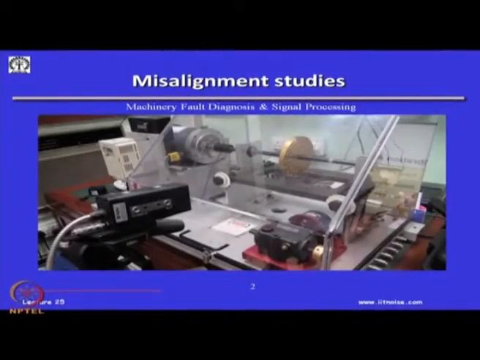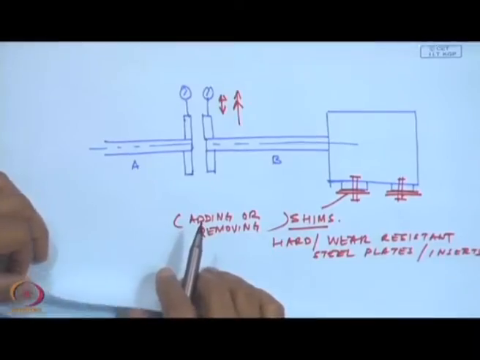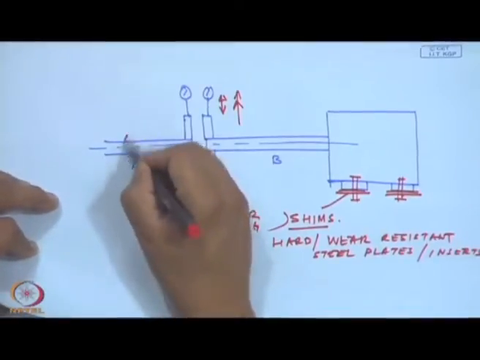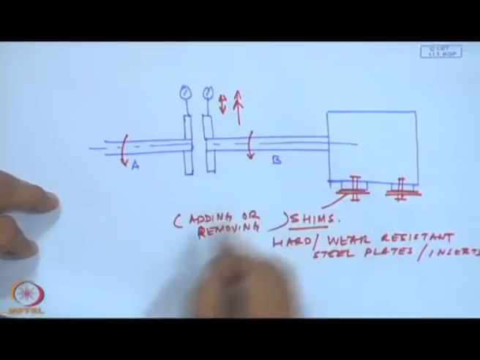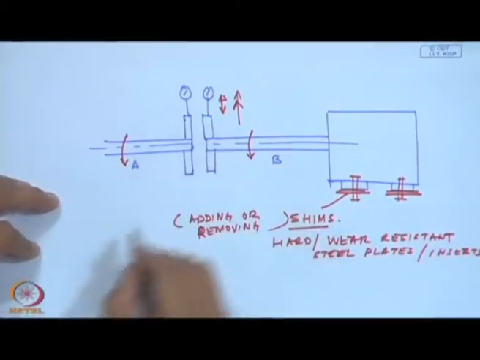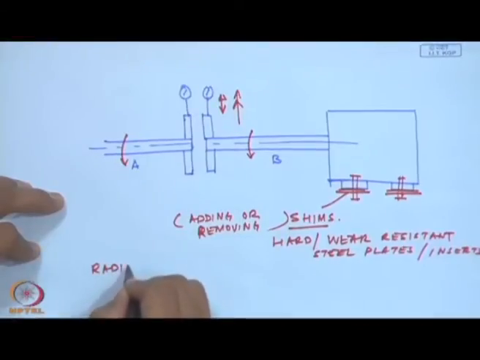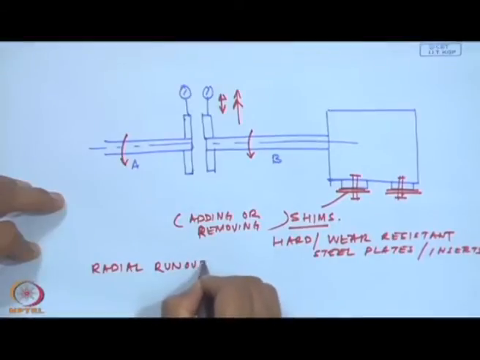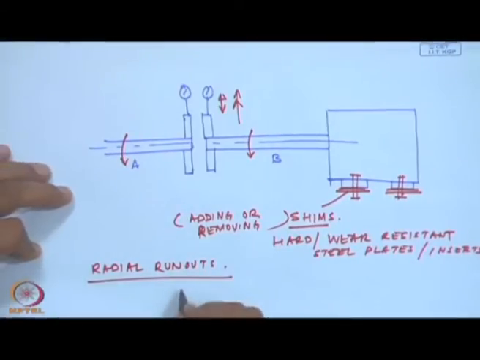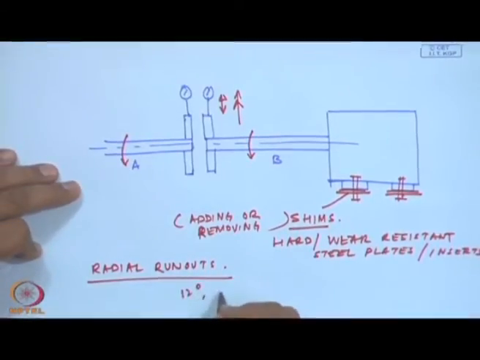This kind of shimming is done right at the foundation by measuring the radial runouts, and these distances which we measure are known as the radial runouts. The radial runouts at the 12 o'clock, 3 o'clock, 6 o'clock and 9 o'clock positions should be the same.